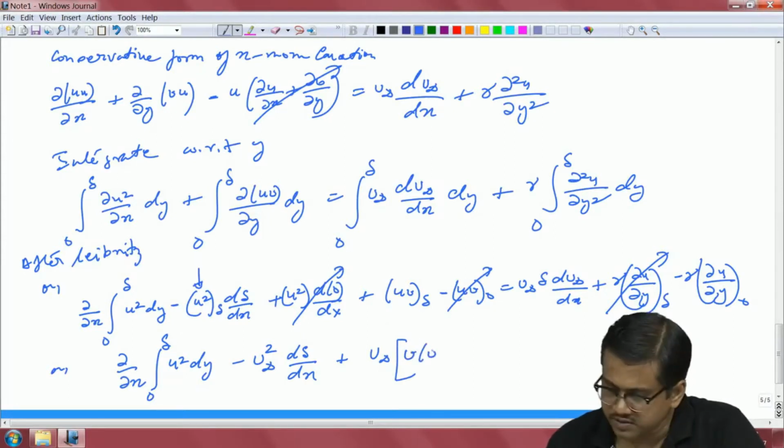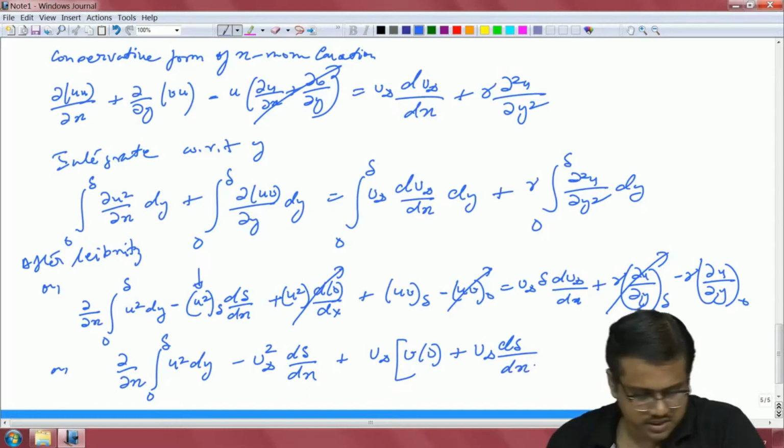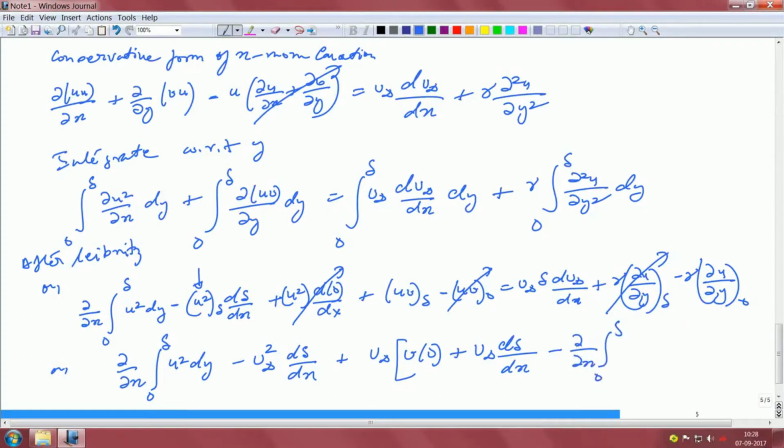So, this will be given as v 0 plus u infinity d u infinity by dx minus d by dy is equal to u infinity delta into du infinity by dx, minus gamma du dy evaluated at 0, right. So, that is the total expression that we get.